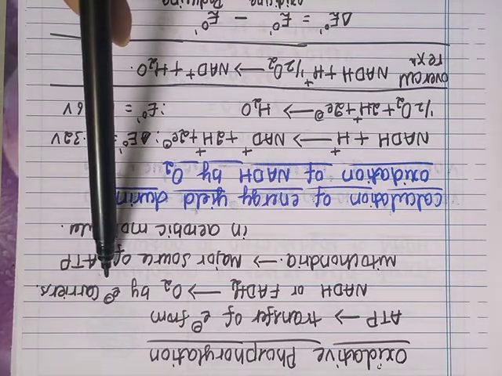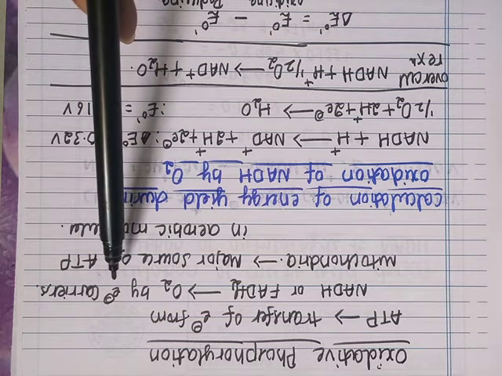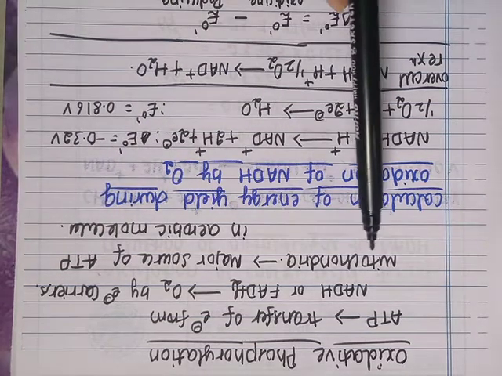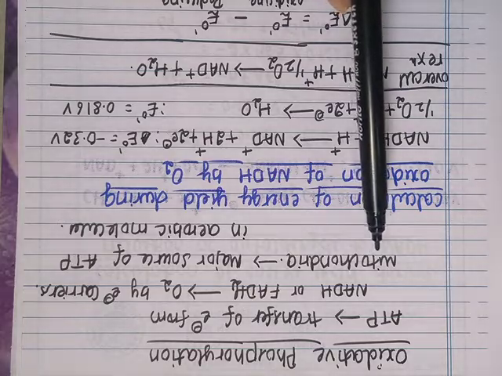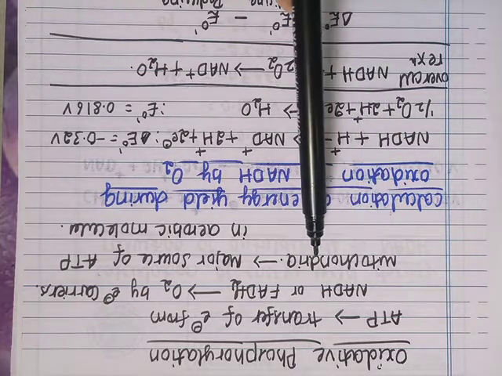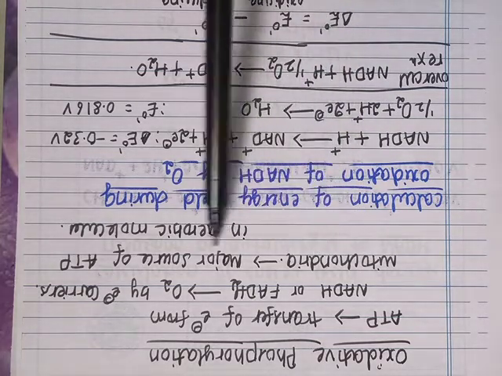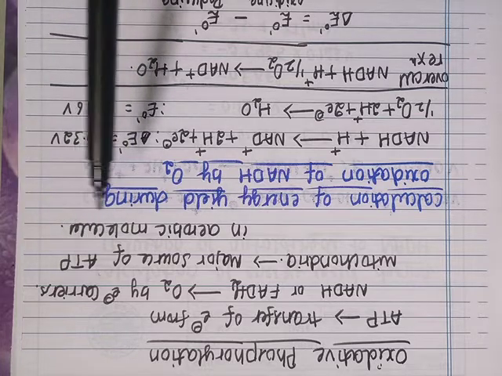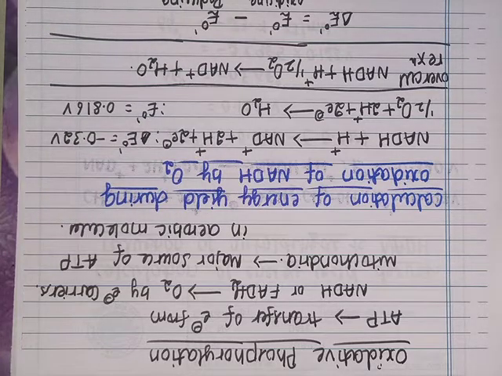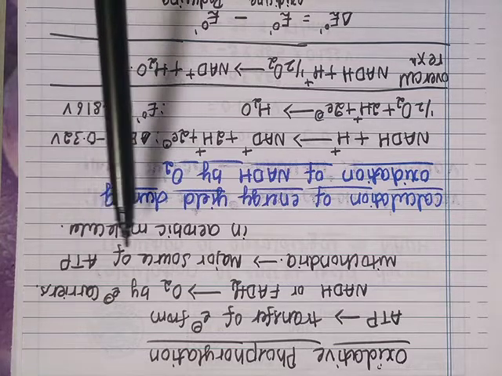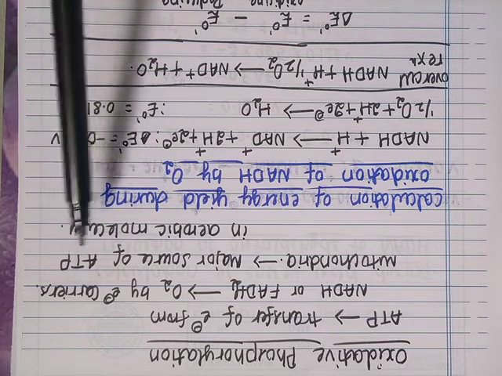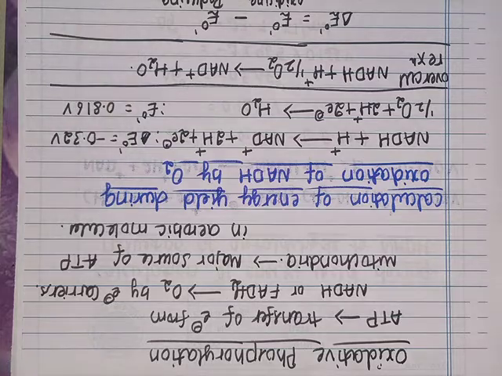This process takes place in the mitochondria, which is the major source of ATP in aerobic organisms.